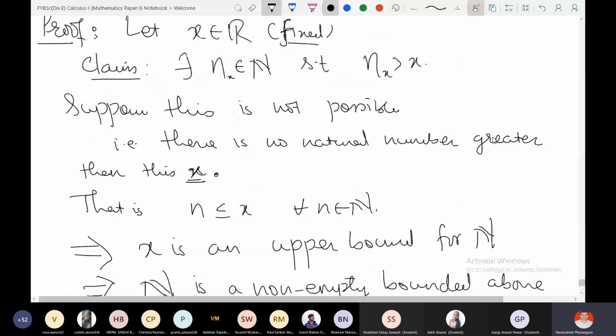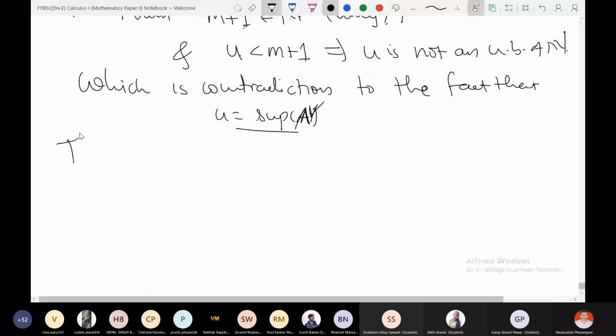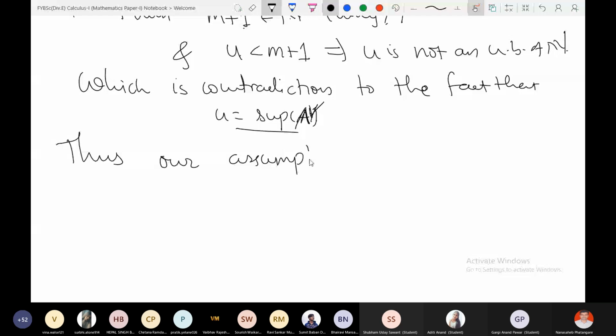There is no natural number greater than x, that we assume. So thus our assumption that n is less than or equal to x for all n is wrong.